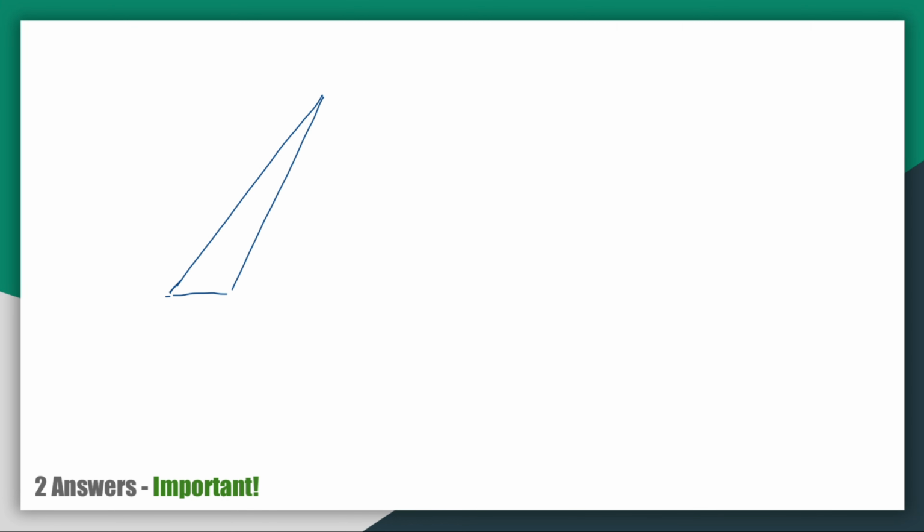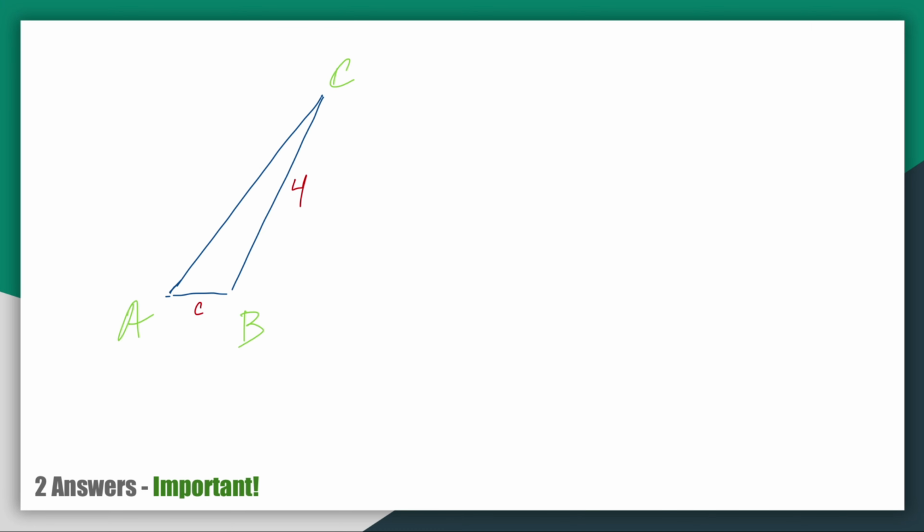Let's say this is A, this is C, and this is B. So when you get to this situation, and you're looking for angle C, and let's say we know that side A is 4, and we might have some other information here, but it's really important what these values are here, okay?